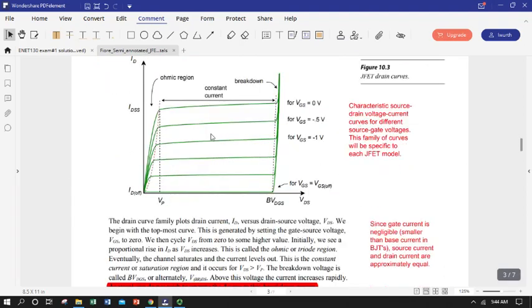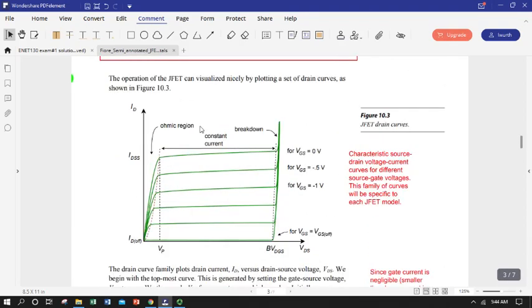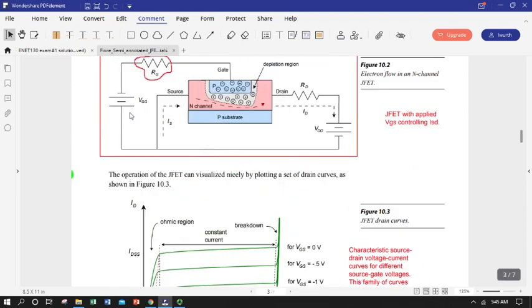Okay, so let's look at how much current flows under what conditions of source to gate throttling, so to speak. And so to do that, we again construct some characteristic curves. So to get the curves in figure 10.3, we sent someone into the lab, say, and said, okay, put an ammeter here after your drain current limiting resistor and measure how much current flows for a given source to drain voltage.